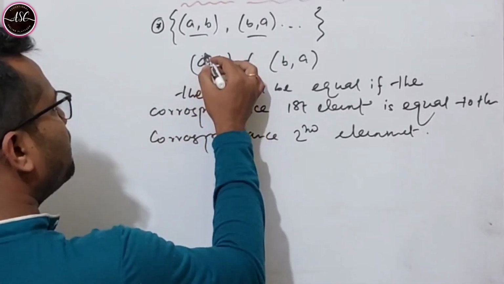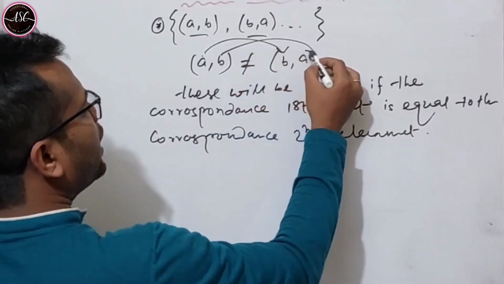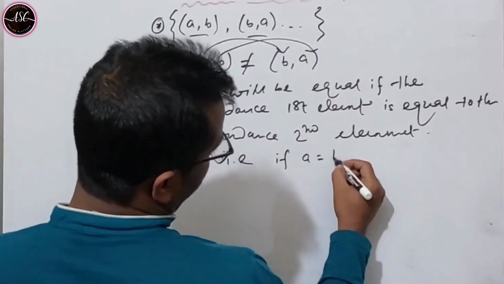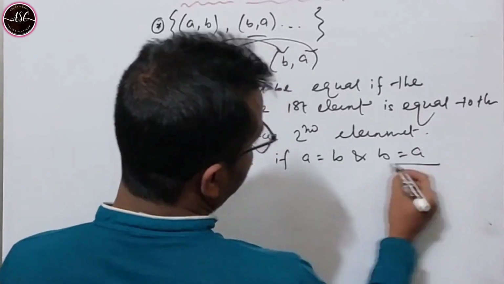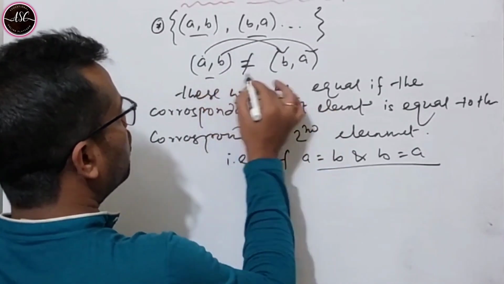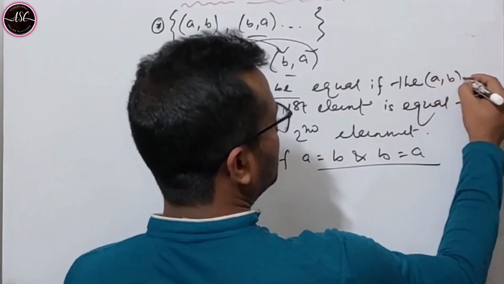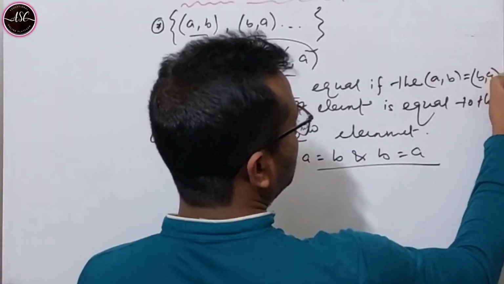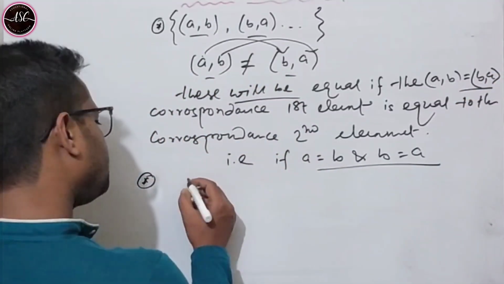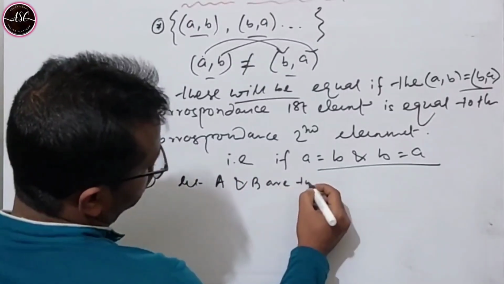That means if a equal to b and b equal to a, if this exists, then these ordered pairs will be equal. That means (a, b) equal to (b, a). Clear?